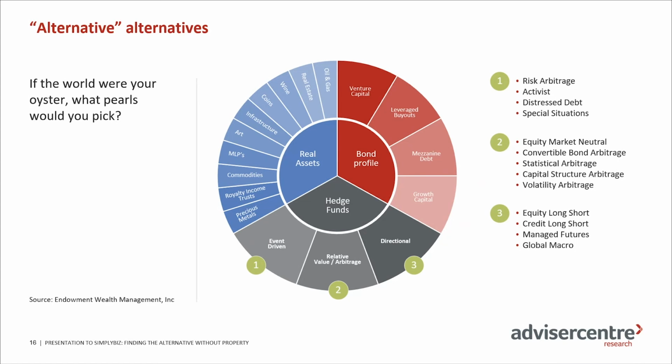Okay, most of us will be familiar to a degree, I would think, with different kinds of bond profiles. You've got venture capital, you hear it a lot. Why is that? Well, it tends to be risk capital lent out for people to undertake activities. Leverage buyouts, the ability to buy companies out with a great deal of debt, syndicated debt often from banks and others. Mezzanine debt, intermediate finance.